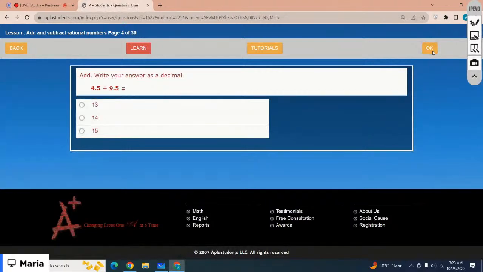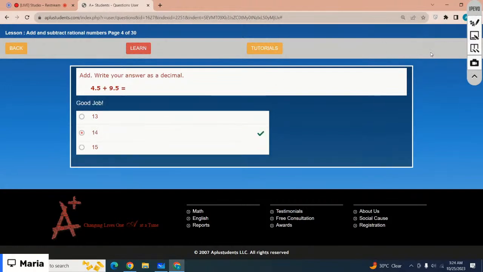Okay, the next one is write your answer as a decimal. 4.5 plus 9.5 equals. That would be 14, right? You have to add. The correct option is 14.